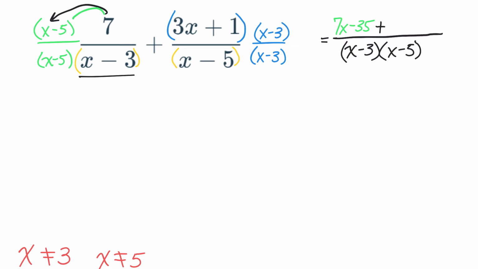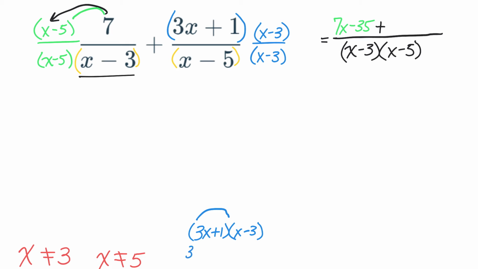Now we have a FOIL going on in the top. How you do this is completely up to you. Here's how I'm going to do it. I'm going to take this thing down here, do the distribution method, and then bring the result back up to the top. The reason why I'm doing that is just to save a little bit of space as we're doing this.